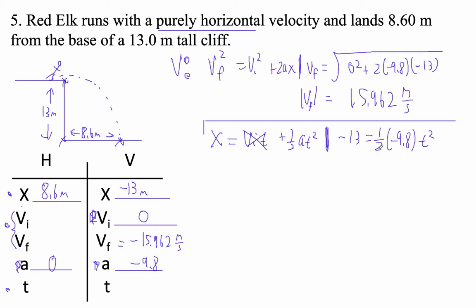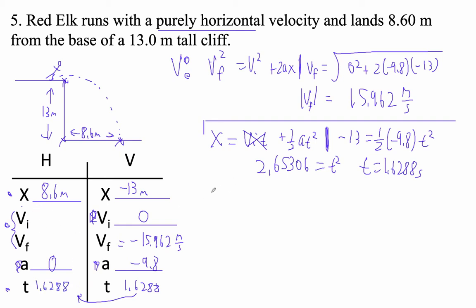You can hit enter if you want. And then divide by negative 9.8. And I get 2.65306 equals t squared. That's not t, that's t squared. So now I'm going to square root both sides. Second square root, second answer, and you get 1.6288. That's our time. And of course the time can go across.